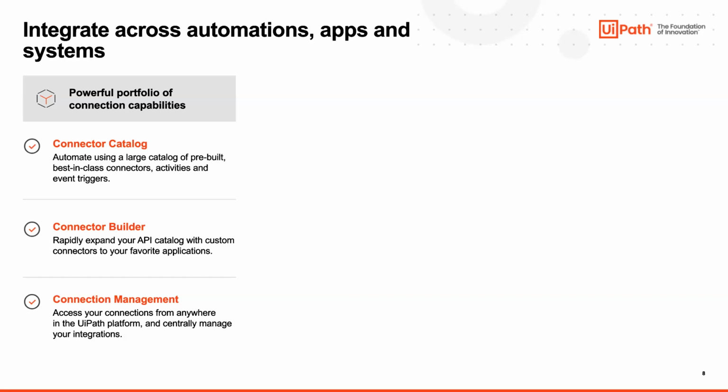And by this, I mean that the connections that are being created in integration service can be accessed in Studio Web, can be accessed in apps, can be accessed in Automation Hub, or in future through documentation understanding or automation suite.